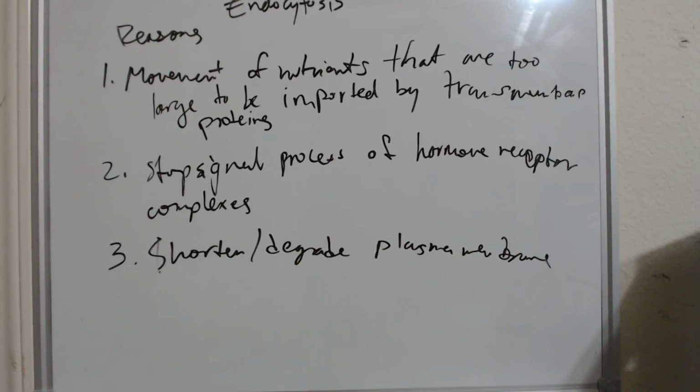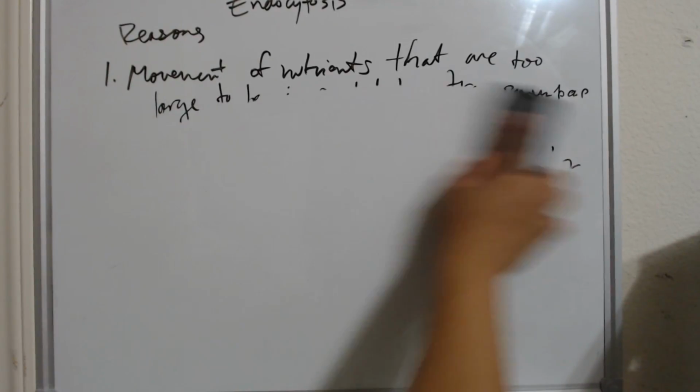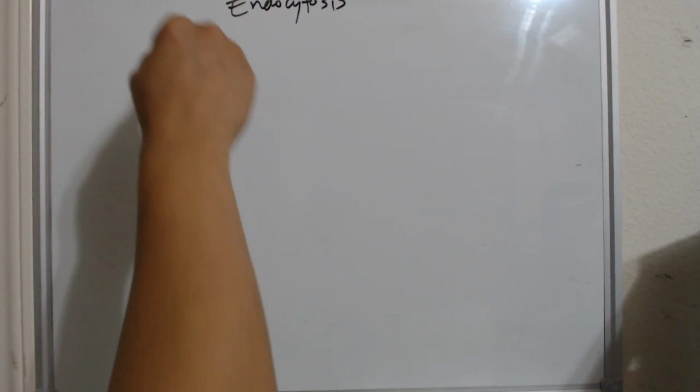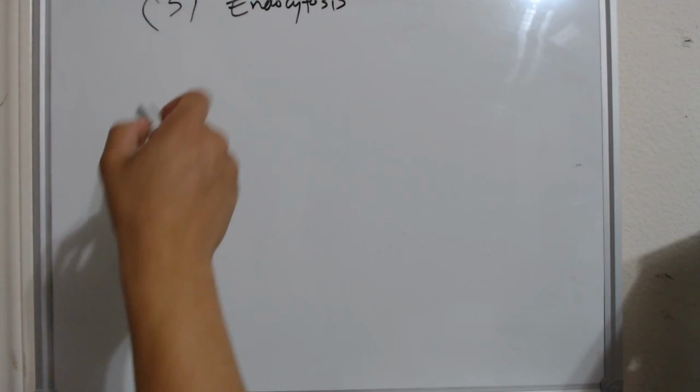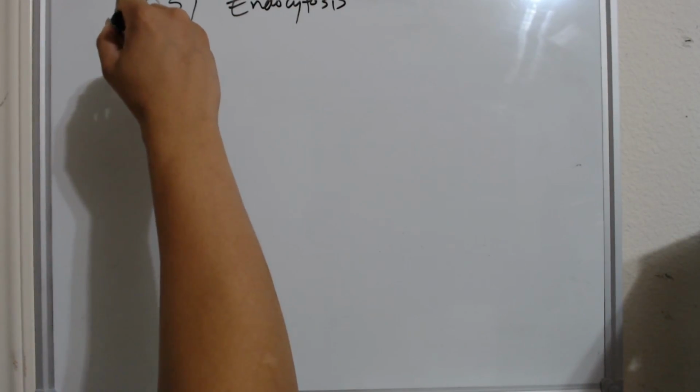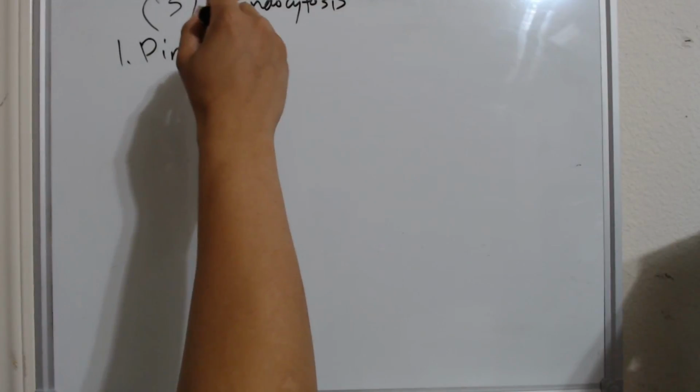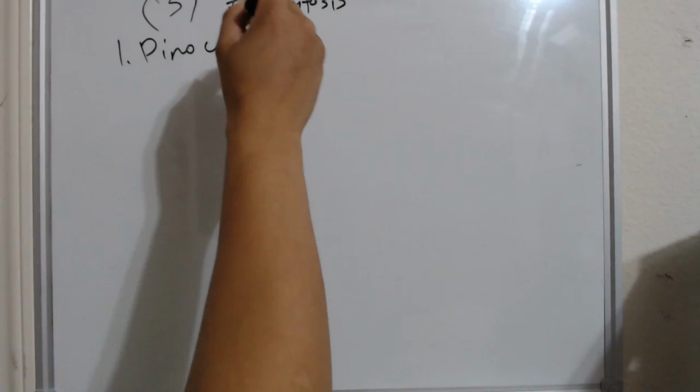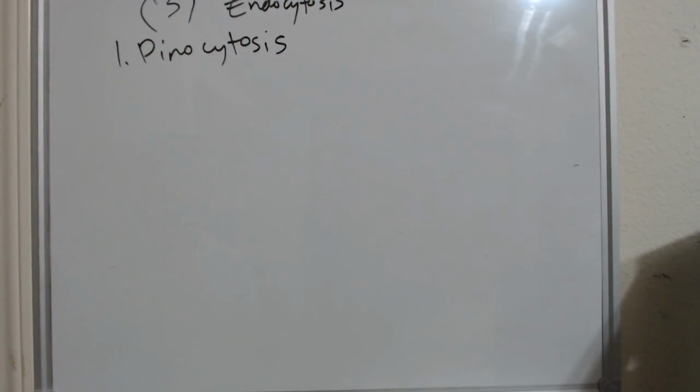Terrible handwriting. Alright, whatever. So there are, how many kinds? There are 3 kinds of endocytosis. The first kind is called pinocytosis. Now, pinocytosis, one good way to imagine it is if you're underwater and you breathe in, whatever you get is whatever you get.